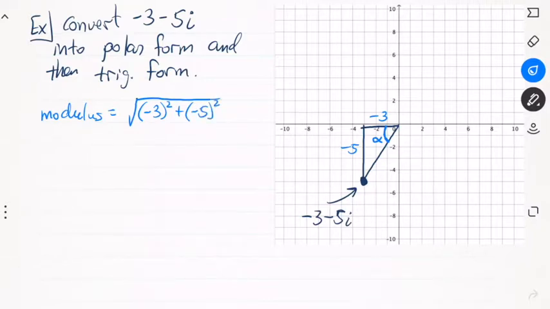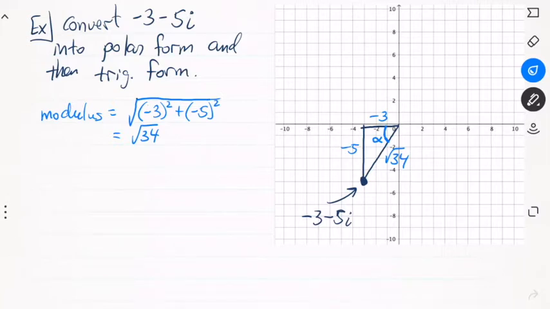You can also call it a component too. Just don't put the i in here. If you put the i in, it'll actually mess things up. So this becomes 9 plus 25, which is square root of 34. So the length of this hypotenuse, also known as its modulus, is square root of 34.